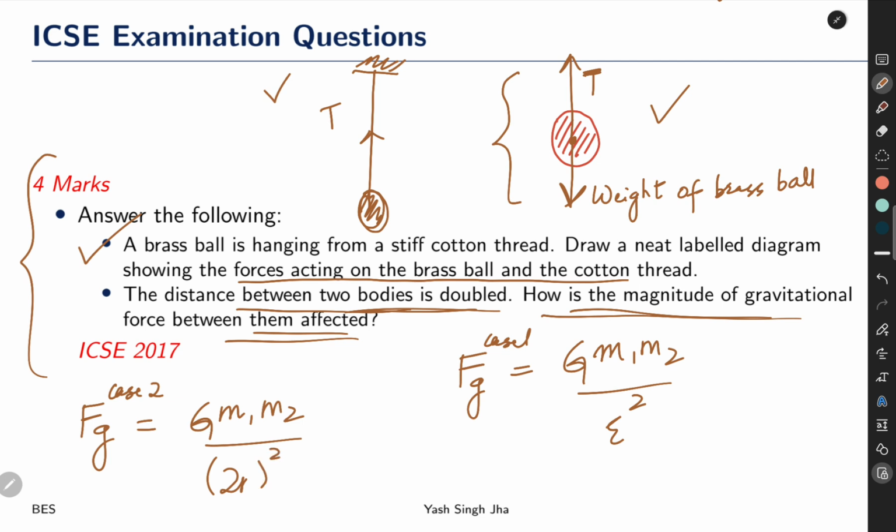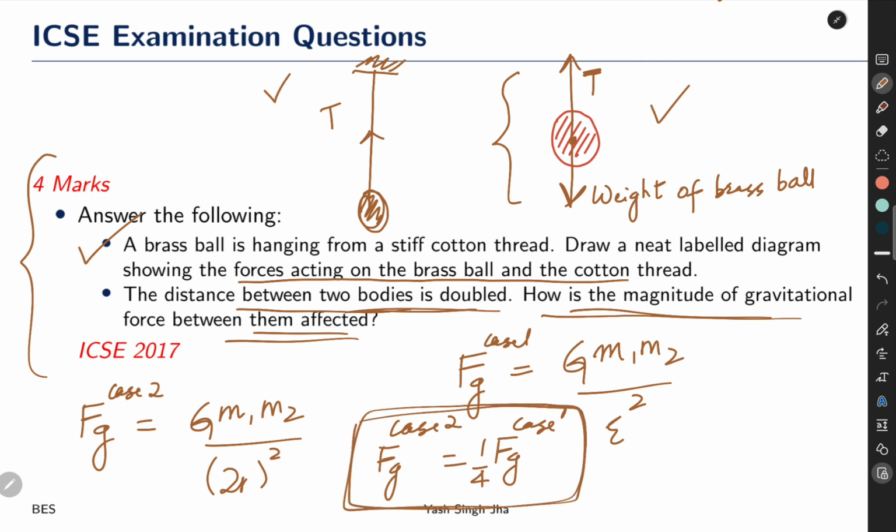If you compare it, you will find that the force due to gravity in case 2 is 1/4 of the force due to gravity in case 1. It's very simple. Just the distance is doubled, right? So just take the ratio and this is what you get.